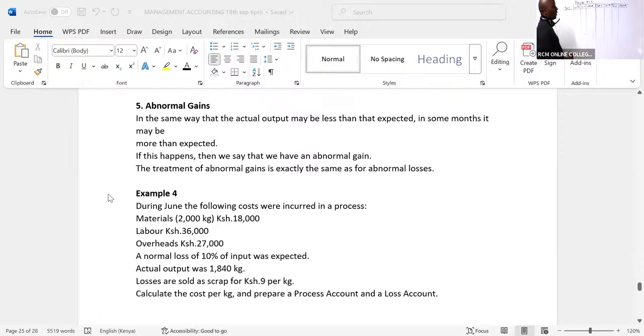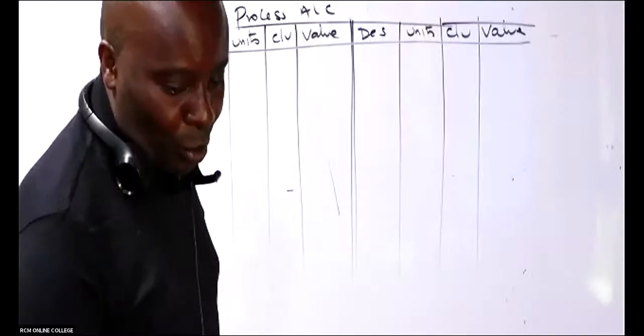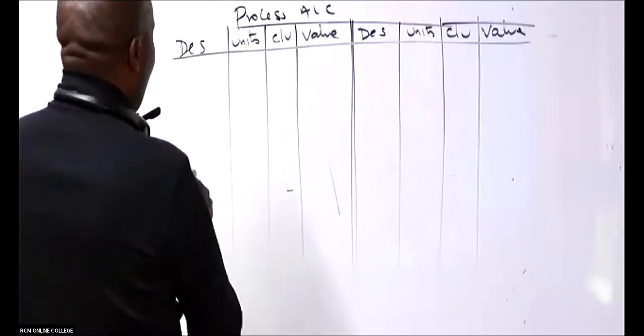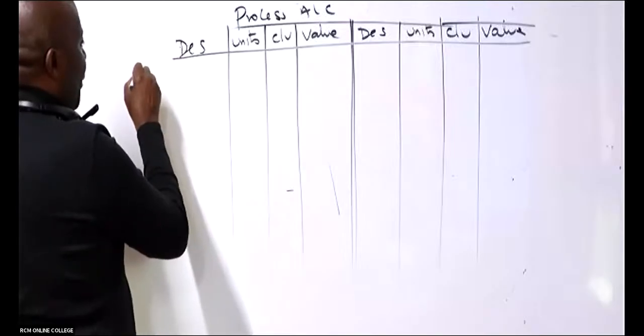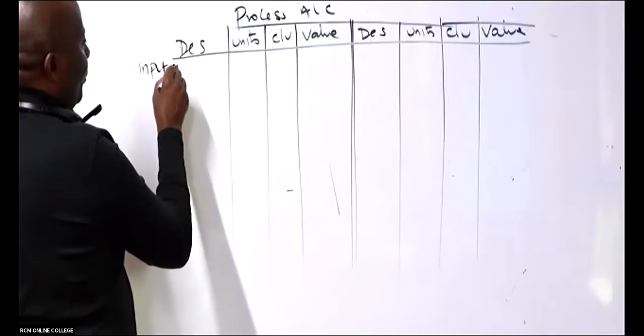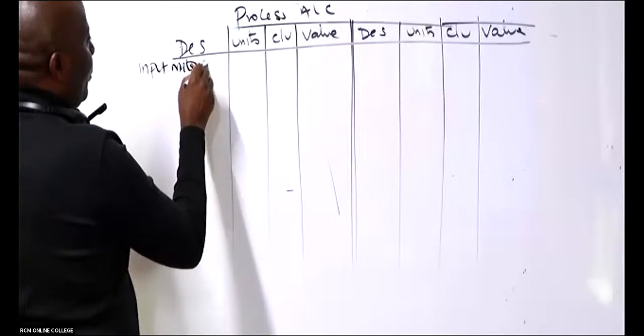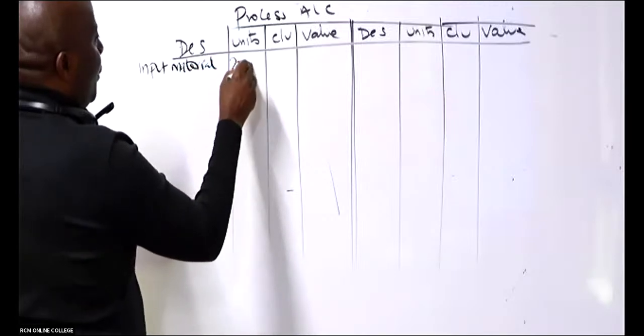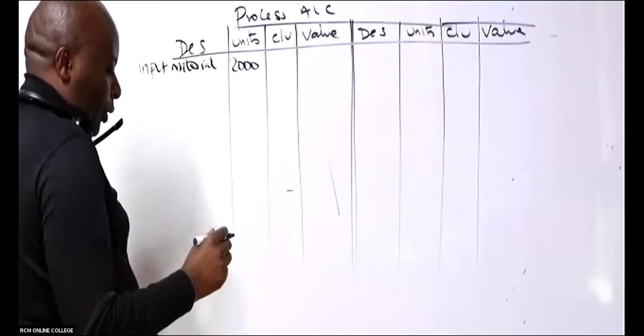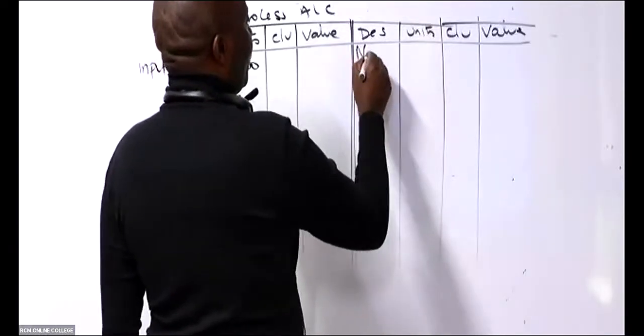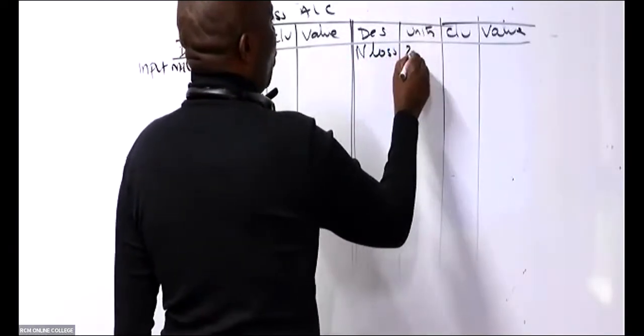All right. Now, ladies and gentlemen, after that, we should be able to post our throughput. Start always with the throughput. For example, we had input material cost, $2,000. We had normal loss, 200.